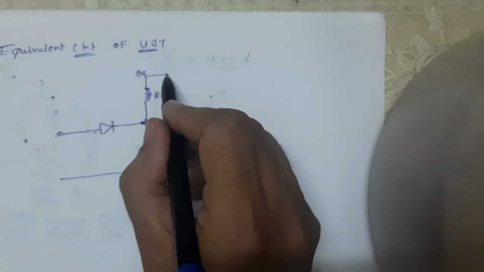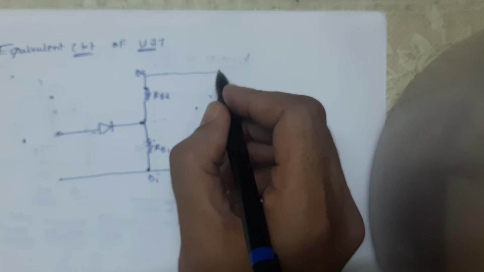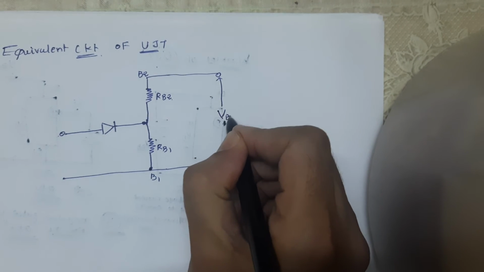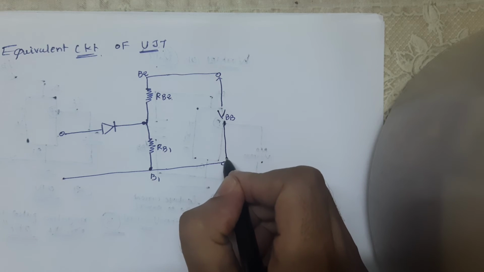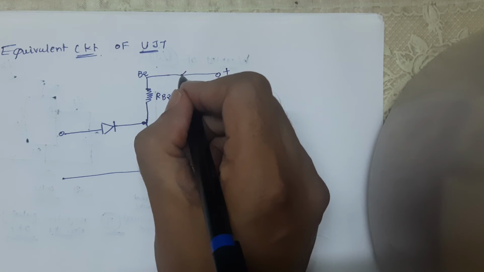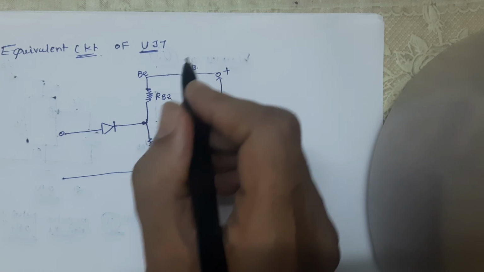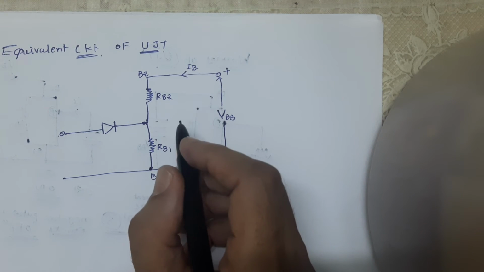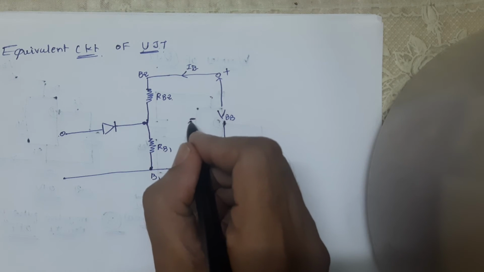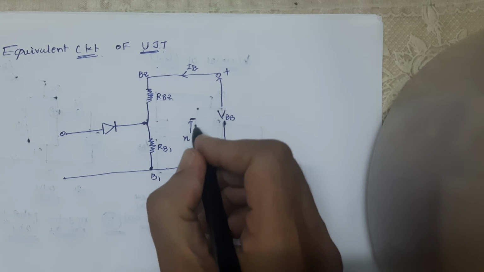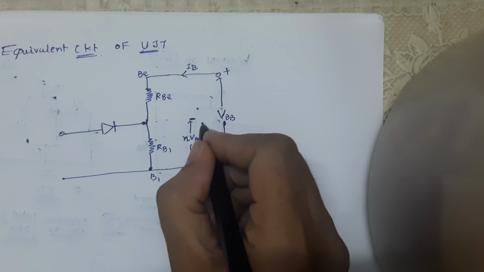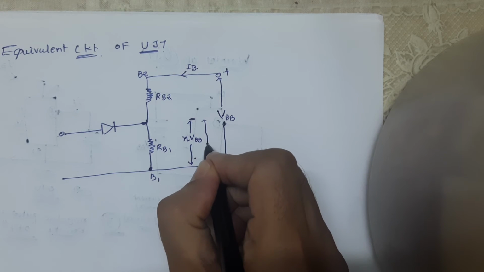Between the common line and the bases there is a supply voltage known as VBB, with current IB. In between this there is V1, which is eta VBB. It is also known as V1.